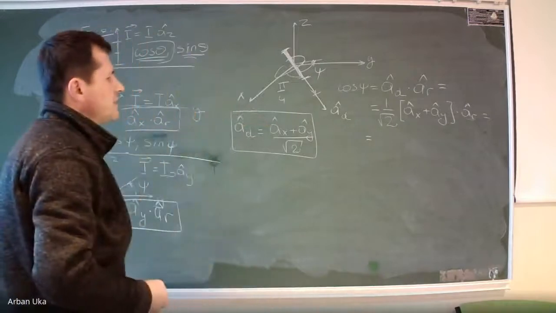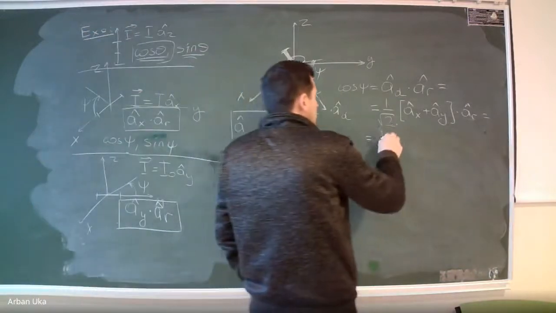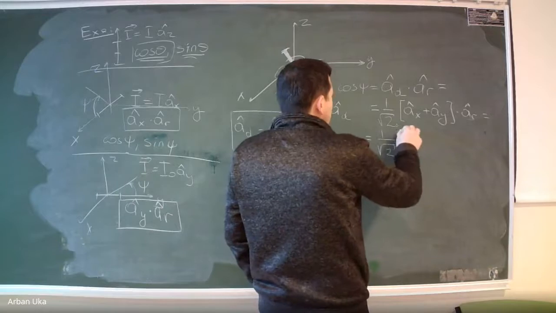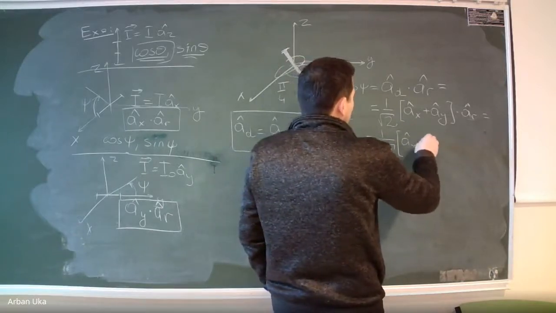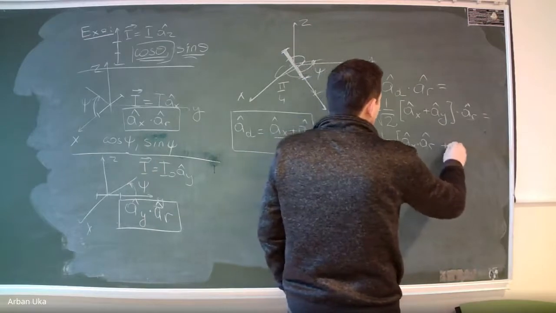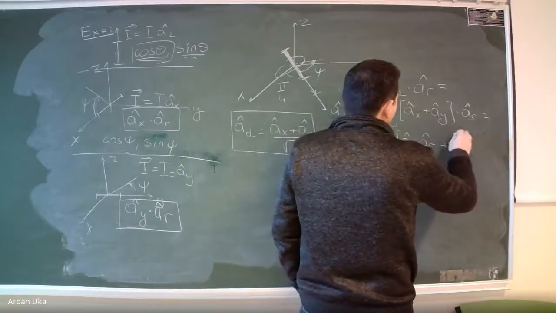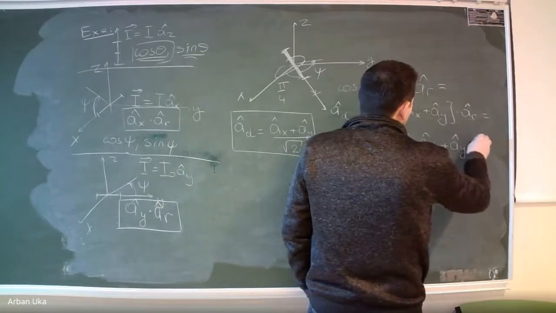As a result, this is equal to 1 over square root of 2 times AX dot AR plus AY dot AR.